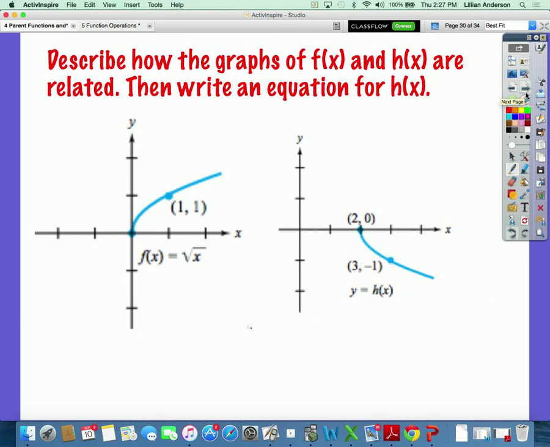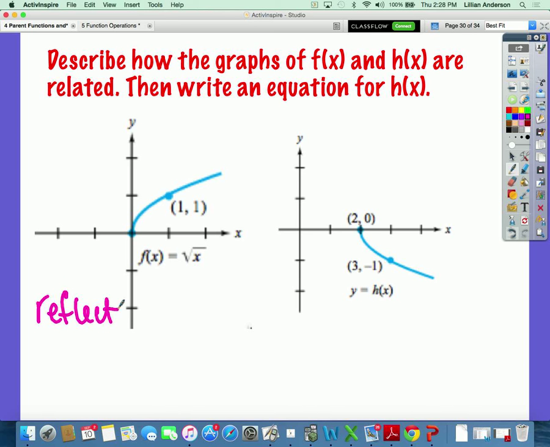Look at this one. Don't shout it out. Just want to ask for a volunteer here. The raised hand. See if you can give me one of the transformations. There's a reflection over the x-axis, because clearly it's not shooting up into the first quadrant, it's now shooting down into the fourth quadrant.